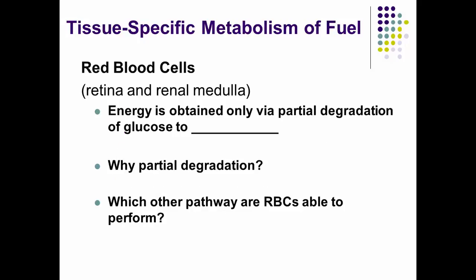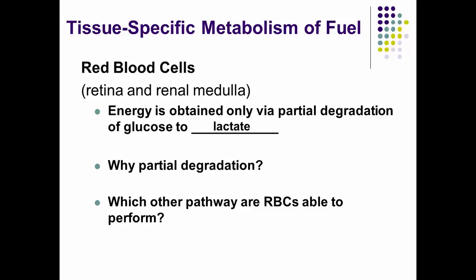All right. Red blood cells, it should be pretty easy, right? They only utilize glucose for energy, cannot utilize the other energy fuels. And the reason you guys know already, right?